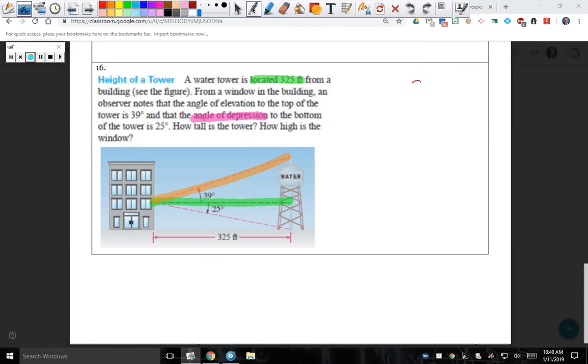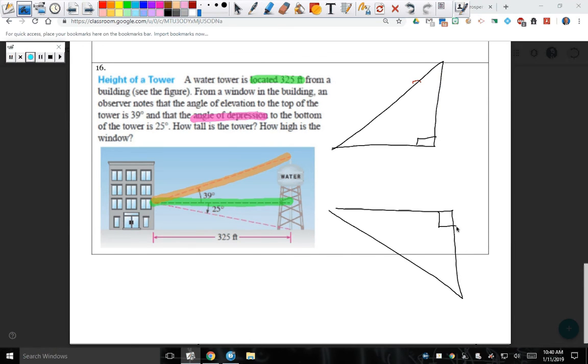We're creating the angle of elevation triangle that looks like this, and we're creating the angle of depression triangle that looks like this. Okay, so if I were to draw it, here's the angle of elevation, here's how far it is away, and here's the angle of depression, per se, at 25 degrees.